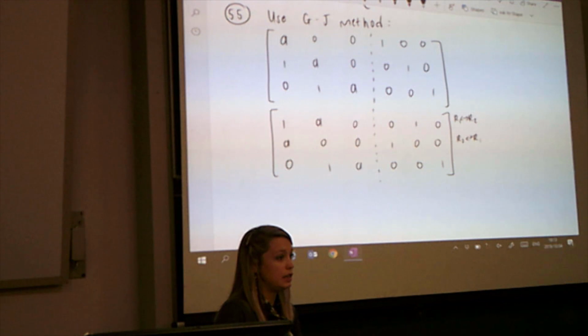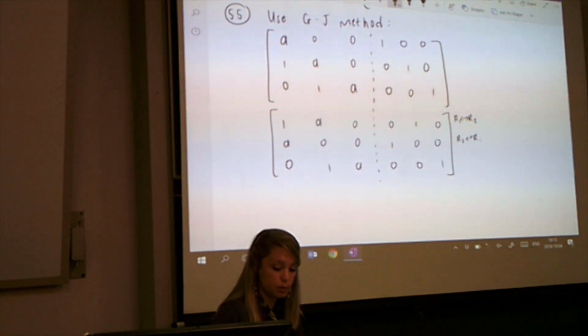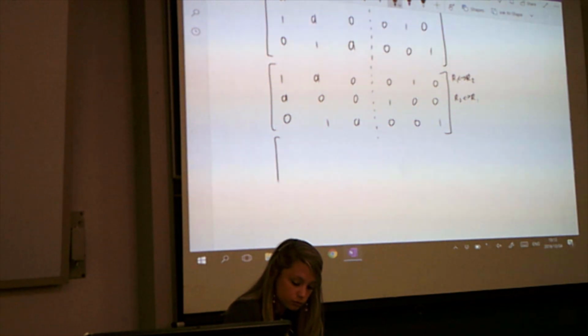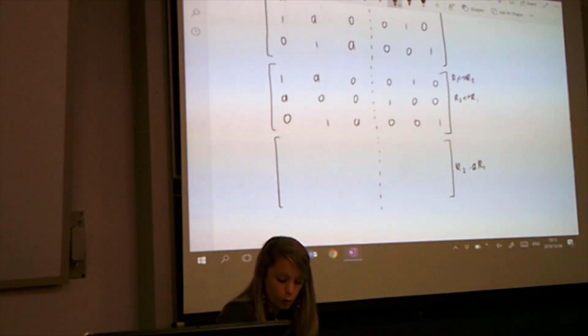Now I want zeros below my first leading one. This is my first leading one, so I want all zeros below it. So I'm going to say row 2 minus A times row 1 to give me the new row 2.